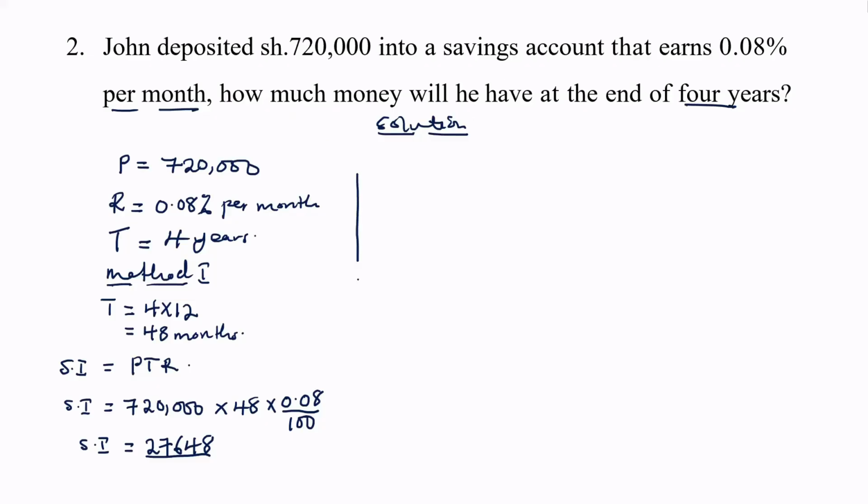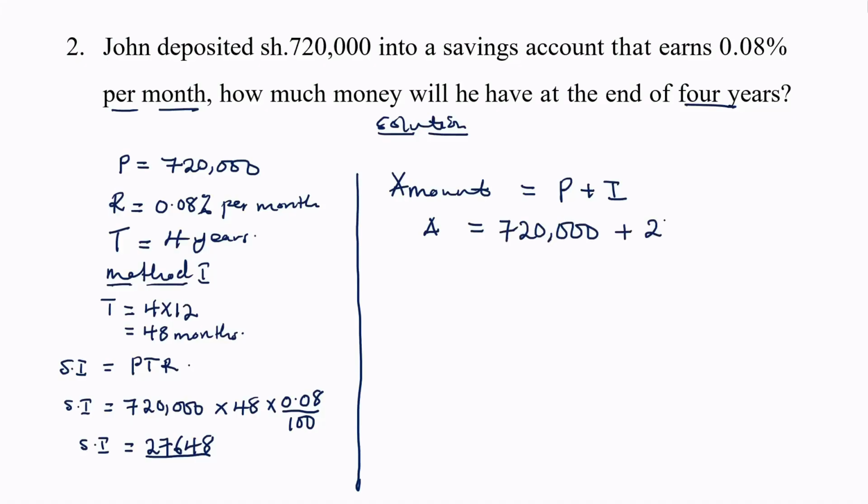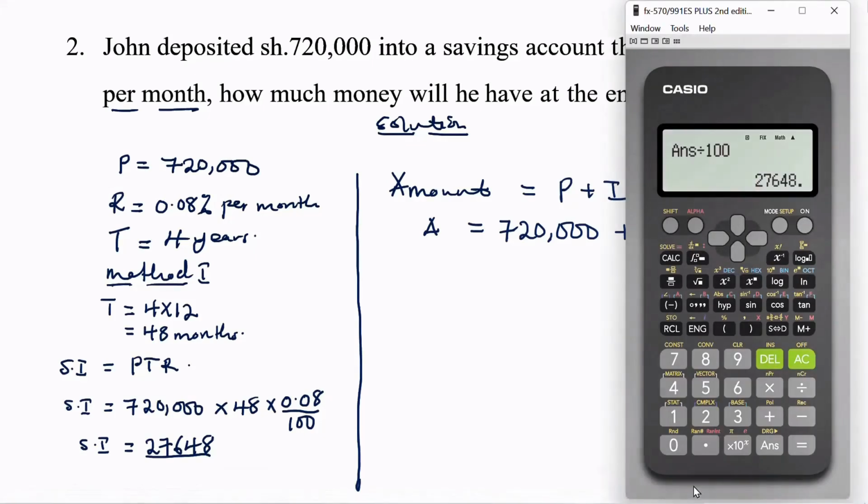That means we need to proceed by calculating the amount. The amount is simply equal to the principal plus the interest. So as we substitute in, we get our amount A equaling our principal, 720,000, plus our interest, 27,648. When I grab the calculator, I'm pressing 720,000 plus 27,648.